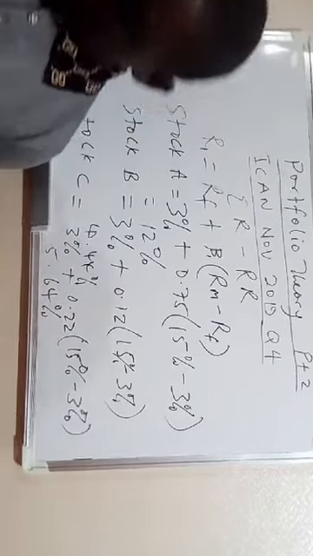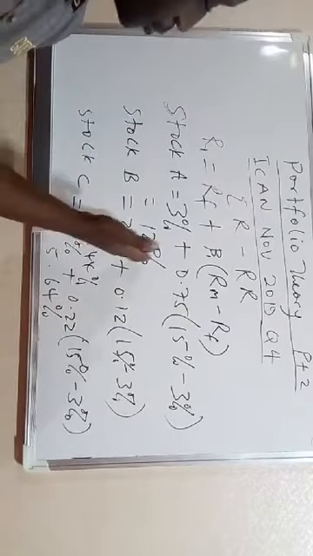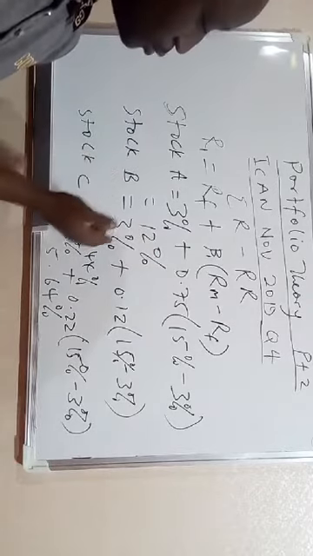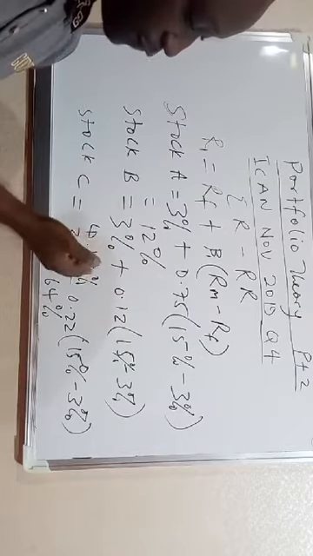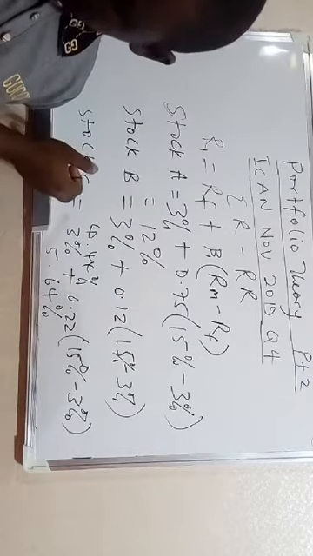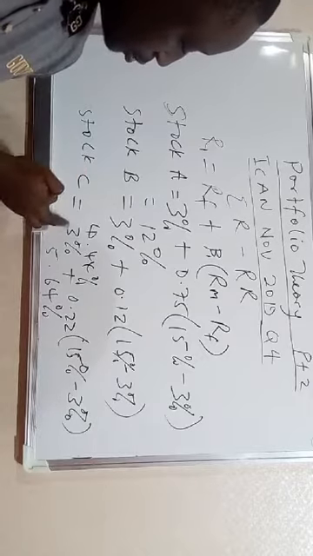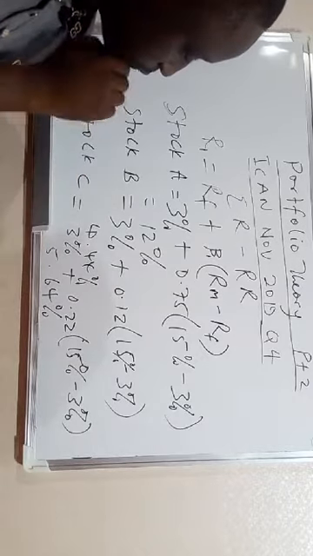So these are the required rates: stock A, we have 12%; stock B, we have 4.44%; then stock C, we have 5.64%.